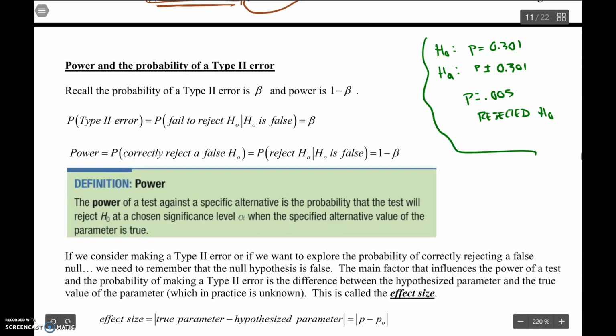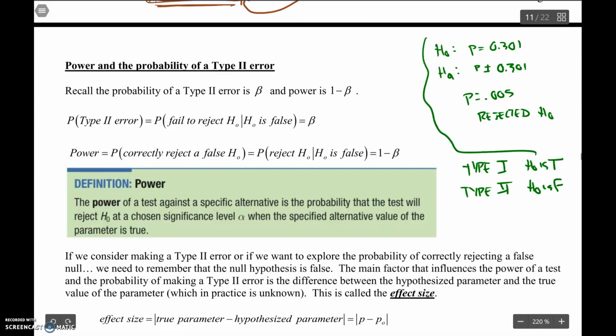Oh, we've already talked about this, I'm sorry. So this is just kind of review. So the probability of a type 2 error, remember type 1 error, I always remember for type 1, the null is true and you make a mistake. Type 2 error, you remember the null is false and you make a mistake.